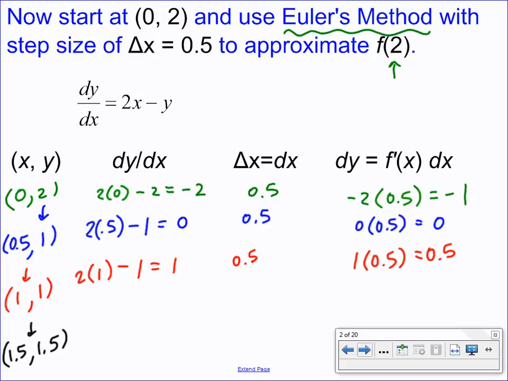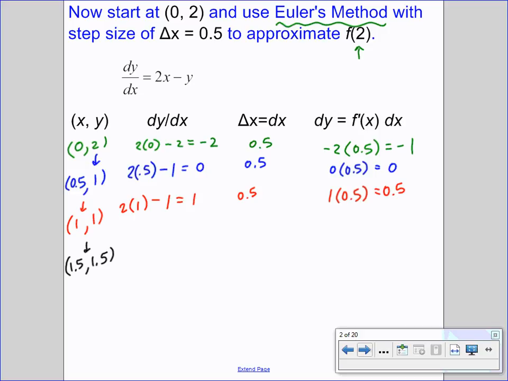Almost there. All right. And we're on the home stretch. So let's go ahead and finish this out. The instantaneous rate of change at (1.5, 1.5) is 2 times 1.5 minus 1.5. Negative 0.75? Is that what you guys got?